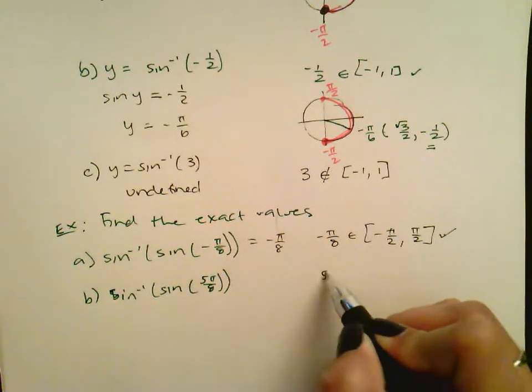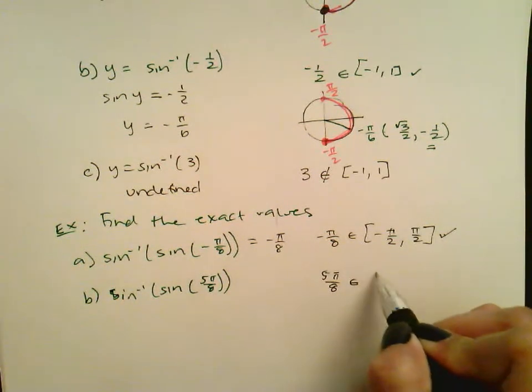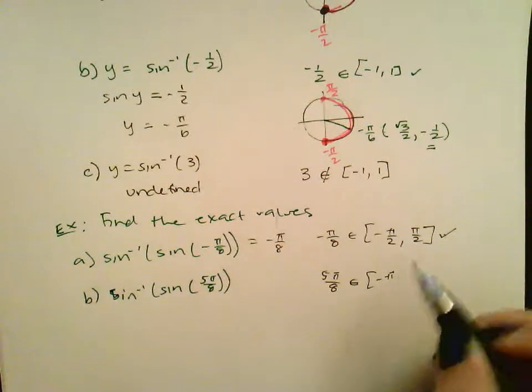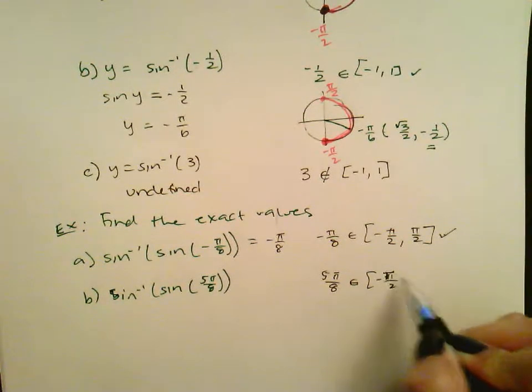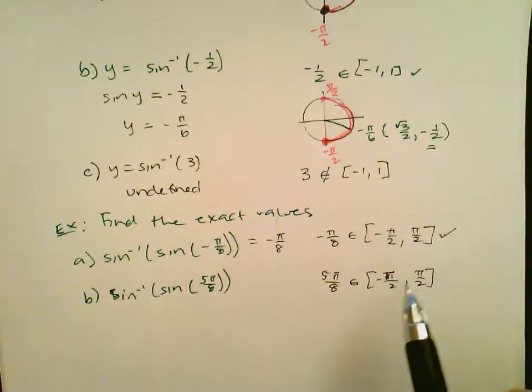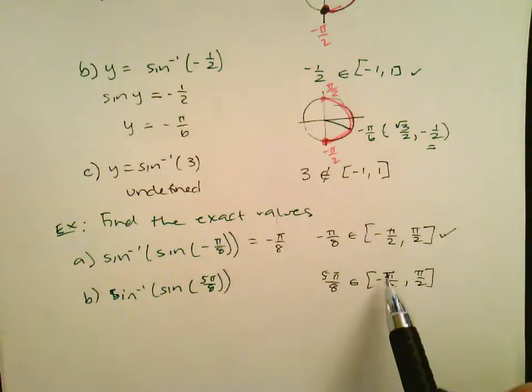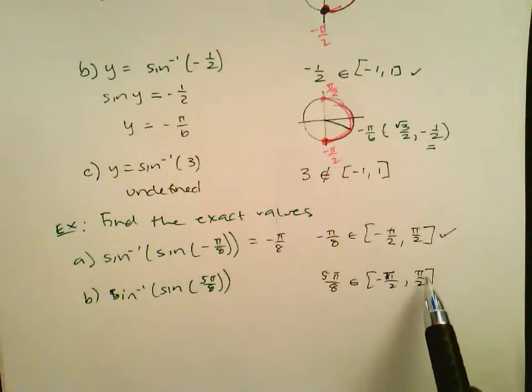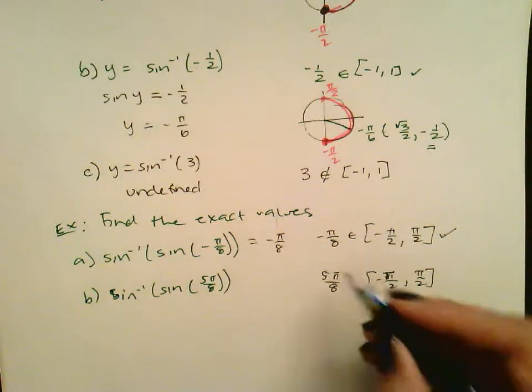So is 5π/8 within the restriction of -π/2 and π/2? And if you have a hard time comparing these, what I would suggest is make them the same denominator. So I would change this to 4π/8 and so -4π/8 and 4π/8, because this is bigger than 4π/8. It does not meet that condition.